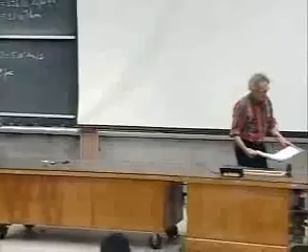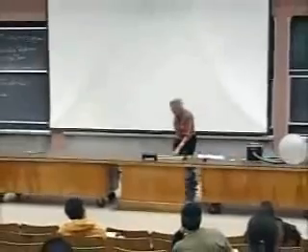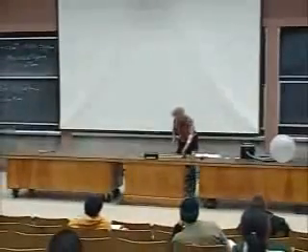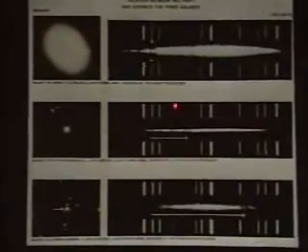I'd like to show you now some spectra of 3 galaxies. Can I have the first slide, John? All right, you see here a galaxy, and here you see the spectrum of that galaxy. That may not be very impressive to you.